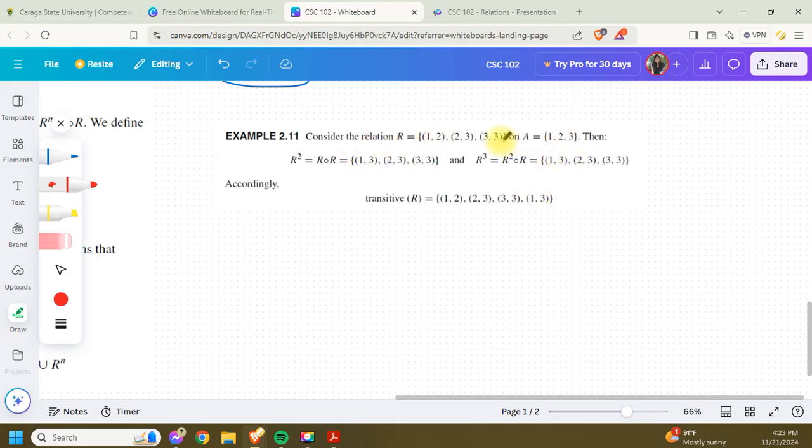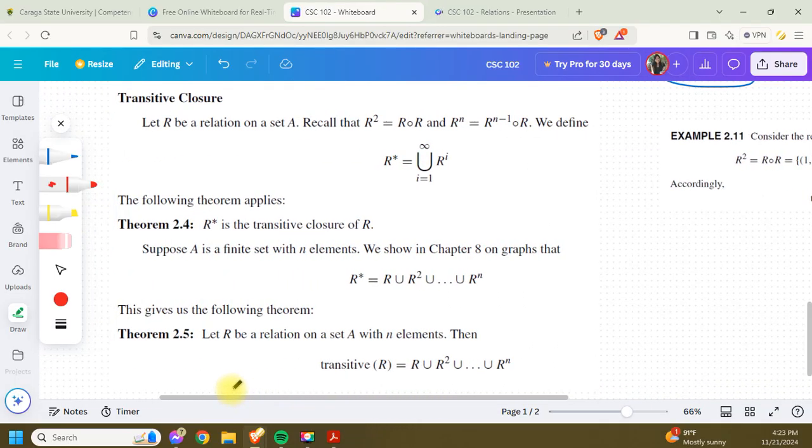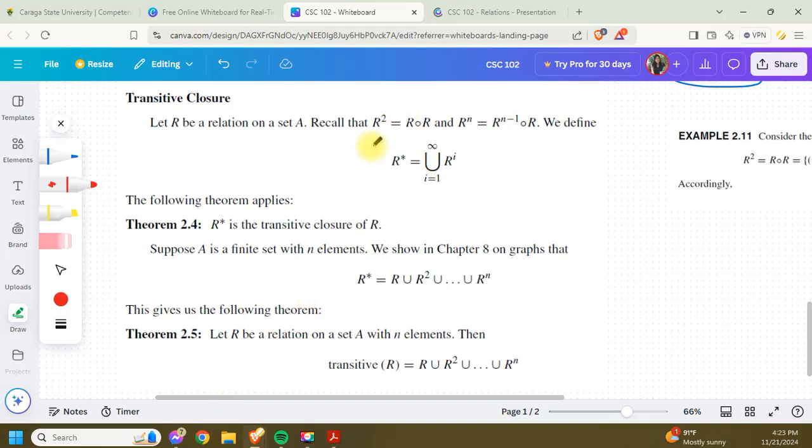Okay. Now, you need to consider the creation of R2 and R3. So, from here, in the definition, this is actually a clear definition.